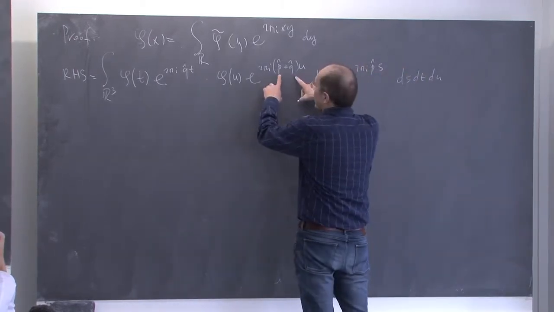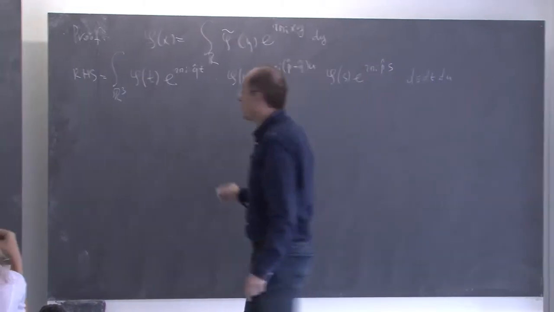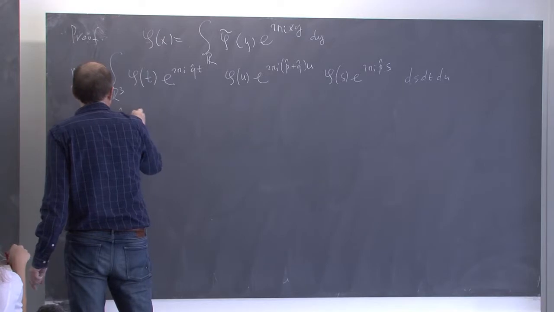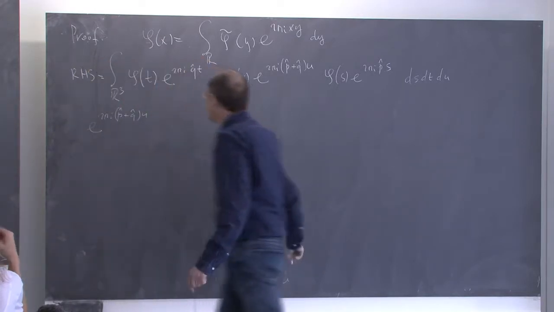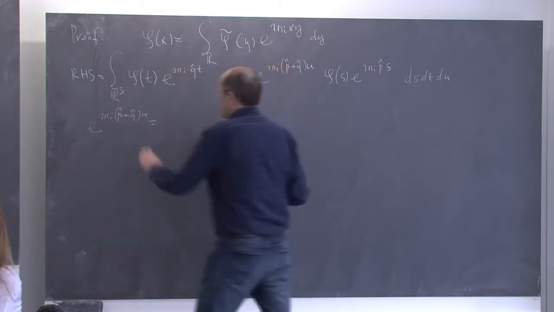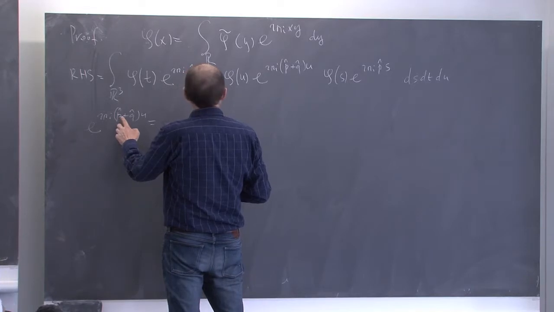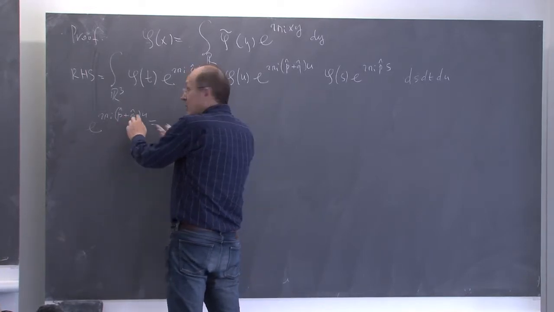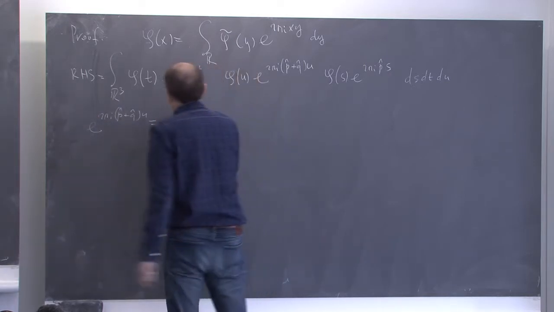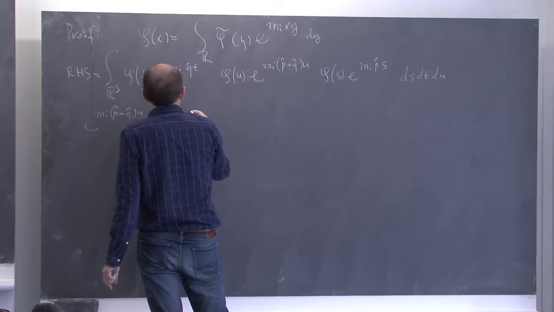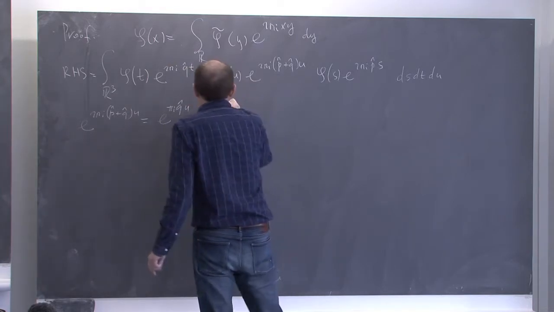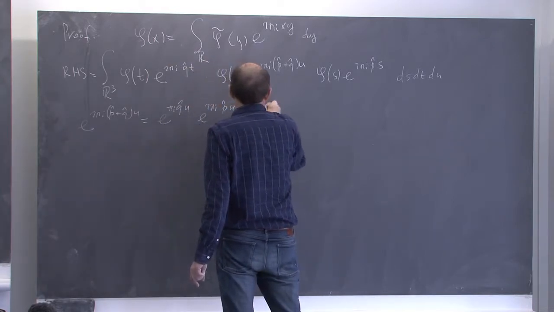But first of all, we have to split the middle exponential by using the Baker-Campbell-Hausdorff formula. So e to the 2 pi i (p hat plus q hat) u. What is it? So we can use our trick of symmetric factorization. For example, we leave p as it is, and then we split half of q to the left, half of q to the right, then no correction terms, right? So we write e to the pi i q hat u, e to the 2 pi i p hat u, e to the pi i q hat u.